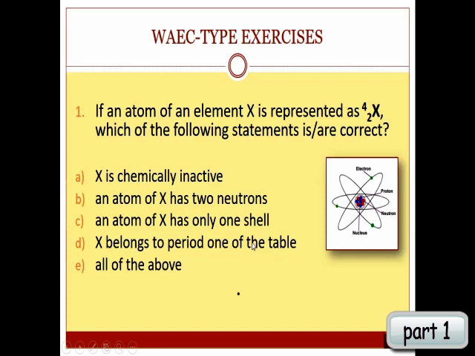Yes, only 1 shell, so it must belong to period 1. C and D are saying the same thing. E, all of the above, is the correct answer because A to D are correct statements.